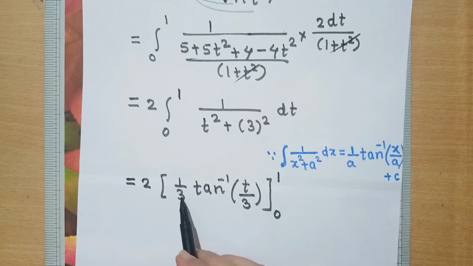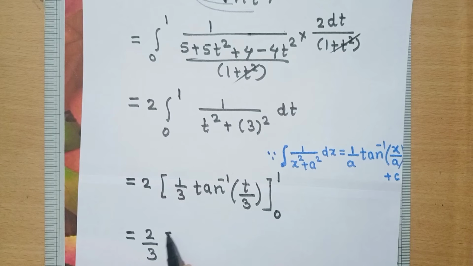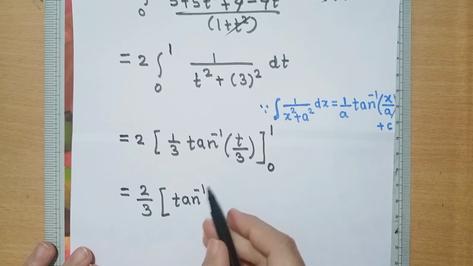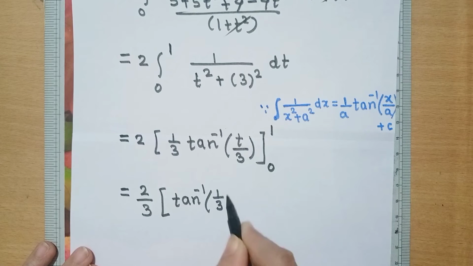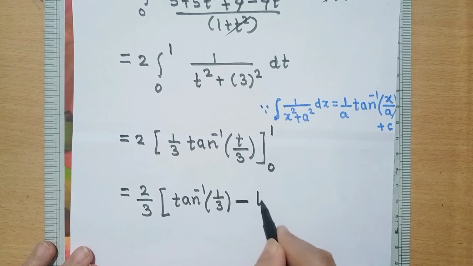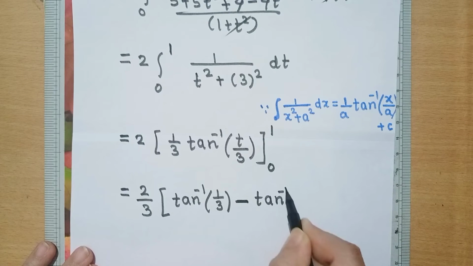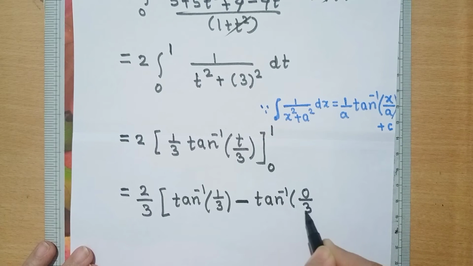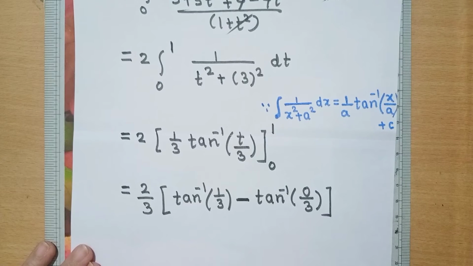So again we can take this 3 outside, so 2 upon 3, and first we will substitute this upper limit here. So tan inverse of 1 upon 3, then middle sign minus, then substitute lower limit. So tan inverse of 0 upon 3, and this box bracket complete.